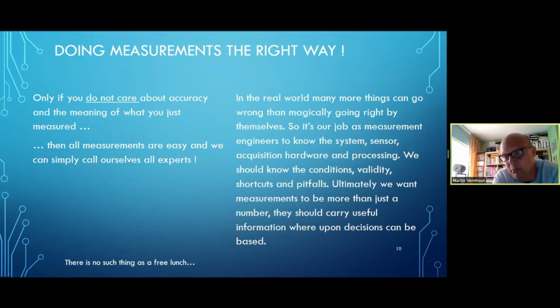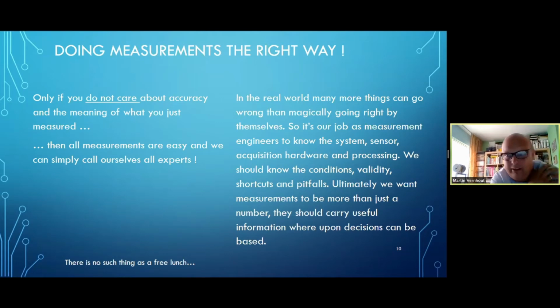You've done a measurement. Wow, you're on a roll. Well, in the real world, and that's maybe the downside of it all, you will find that there are many more things which can go wrong than magically go right by themselves.